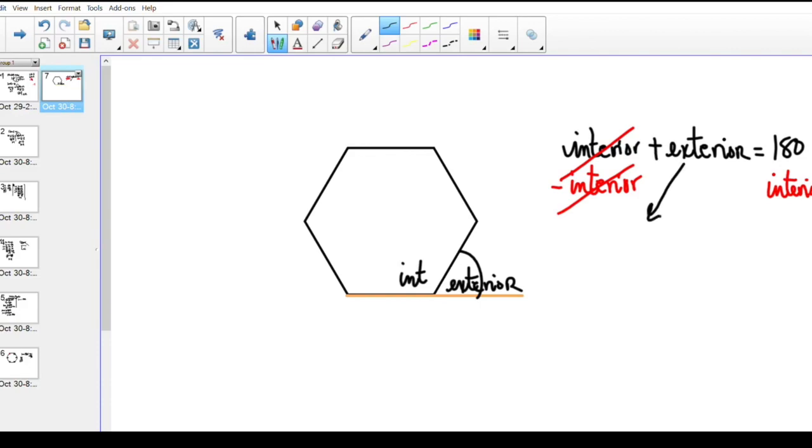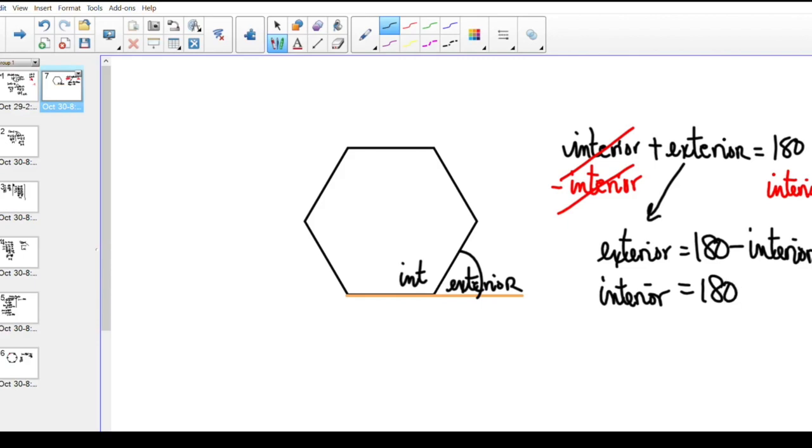You've got exterior is equal to what? 180 minus what? Interior. So if I go to you and I say my interior angle is 100 degrees, what's the exterior angle? 80. Yeah. So you can figure that out by doing what? I want you to see this though. Look. Interior. Guess what he's equal to?